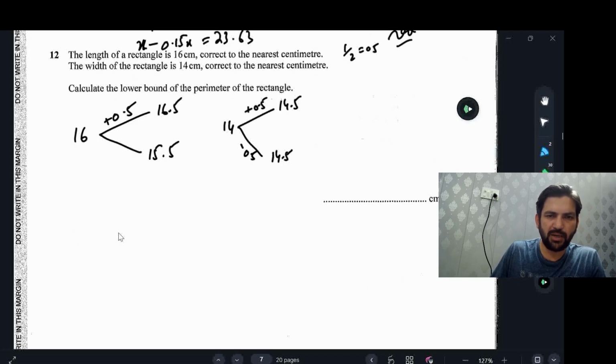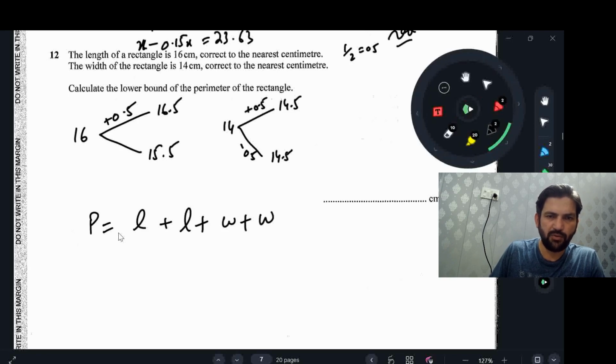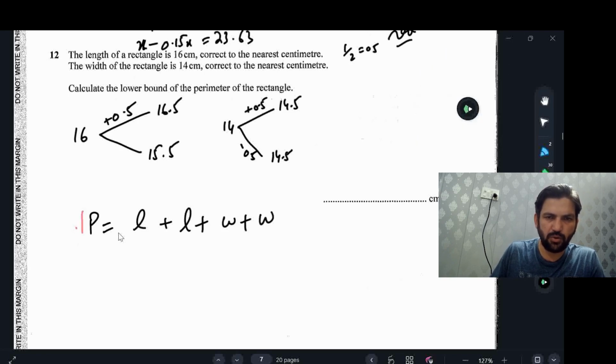Now we know that perimeter is the sum of the lengths of all sides. For the lower bound, what we have to do? We have to use the lower bound of all these values. So for the lower bound, we can write 15.5 plus 15.5 plus 13.5 plus 13.5.